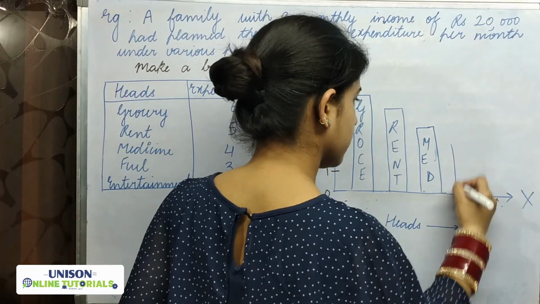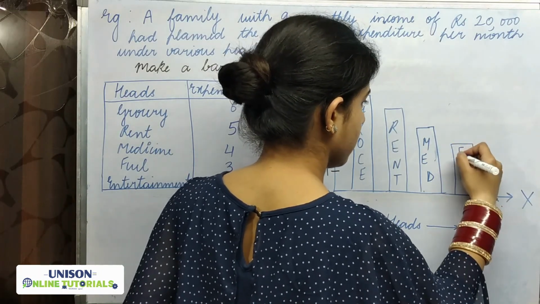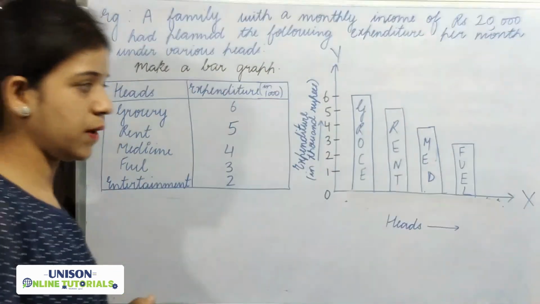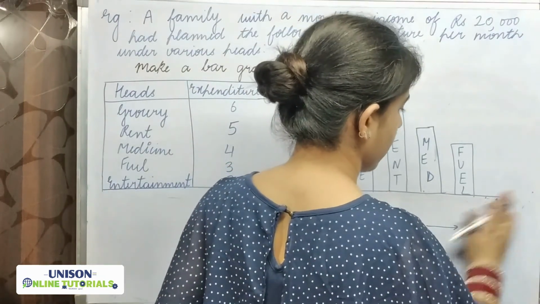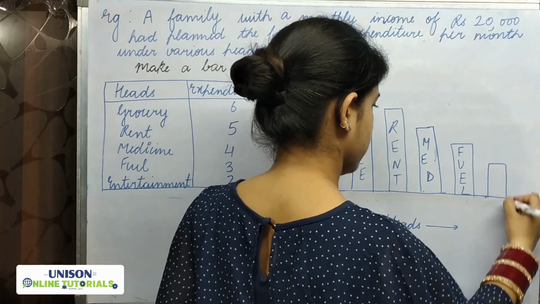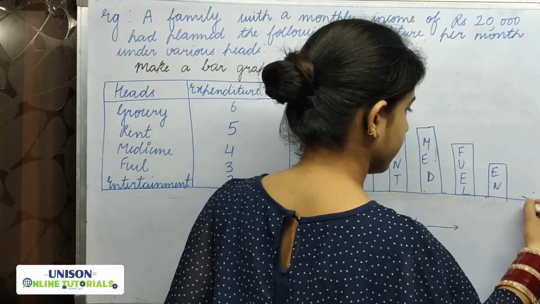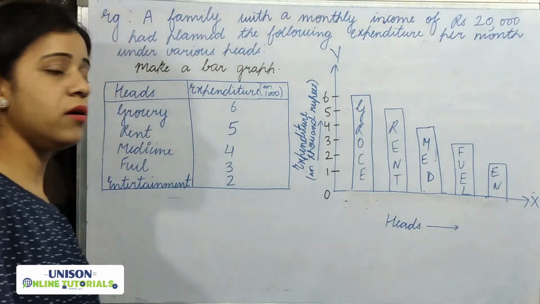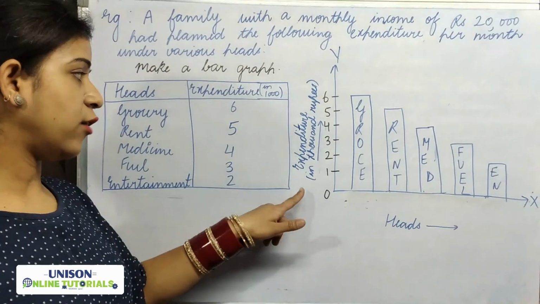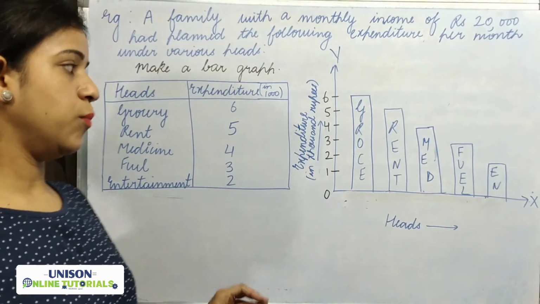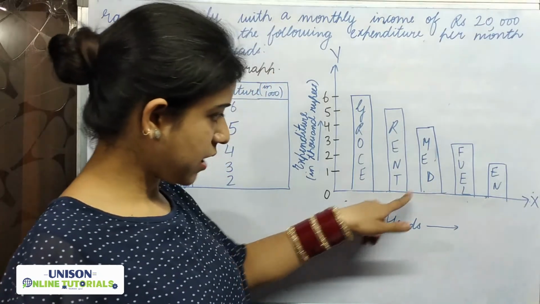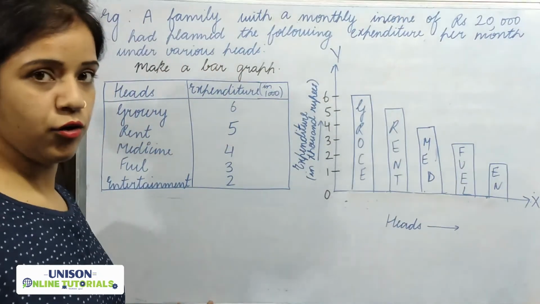So this is for fuel. And last one, for entertainment they have spent 2,000. So this will become entertainment. In this way you can form a bar graph. On the x-axis we have taken heads, and on the y-axis expenditure in 1,000 rupees. The width of these bars will be the same and the spacing between these bars will be uniform.